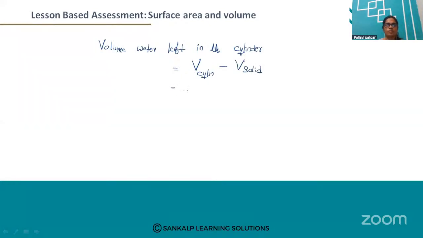Here volume of cylinder is 6,48,000 minus 2,88,000 pi, alva? So pi in both the sides. This is equal to 3,60,000 pi centimeter cube.